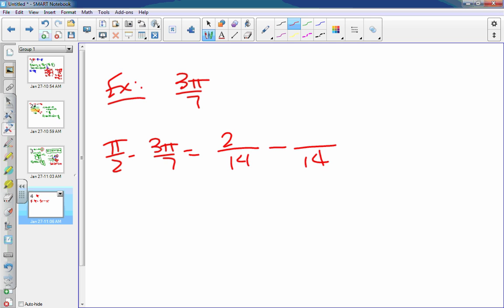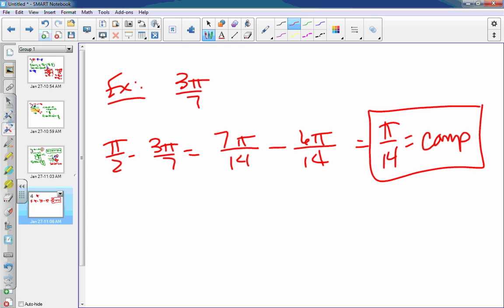So that's going to be 7 pi, and this is going to be 6 pi. I wrote that as a 2, and it should be a 7. So what's 7 pi minus 6 pi? Pi over 14 is going to be the complement.